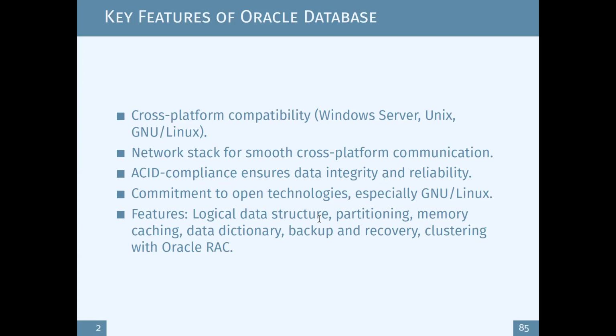The database that we are going to discuss can be used in any of the common operating systems: Windows, Unix, Linux, and so on. And then we can use the network stack for smooth cross-platform communication.